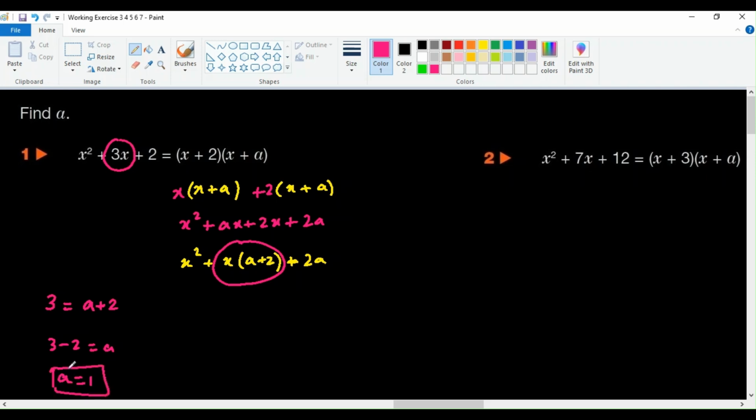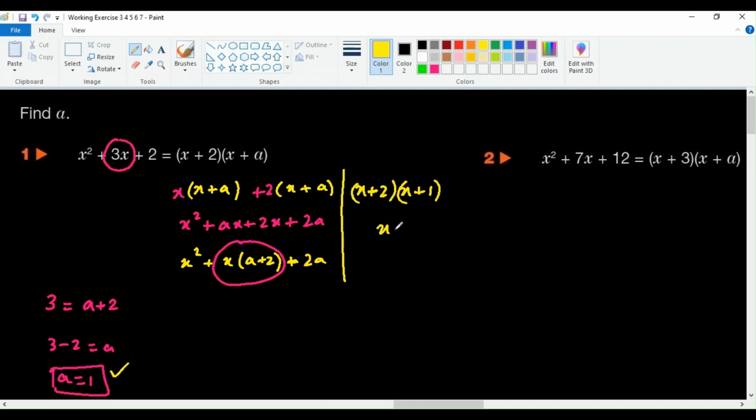Now let's test if the answer of this question is correct or not. Now I will write x plus 2 and x plus 1, because the answer of a is 1, so in place of a I will replace with 1.